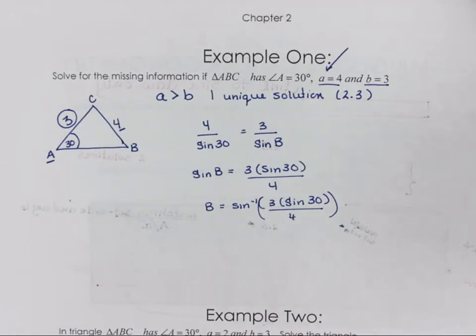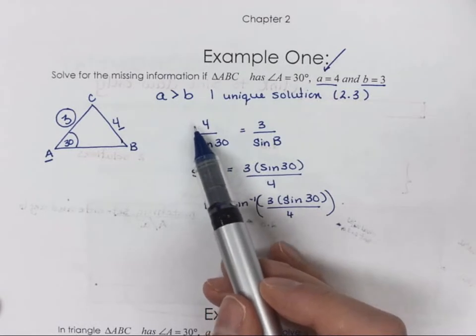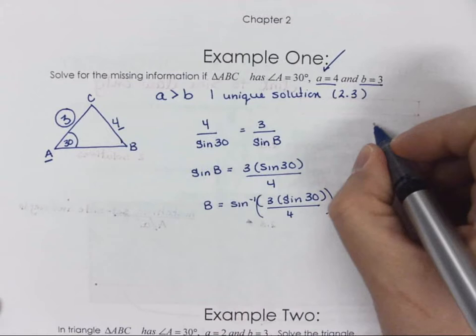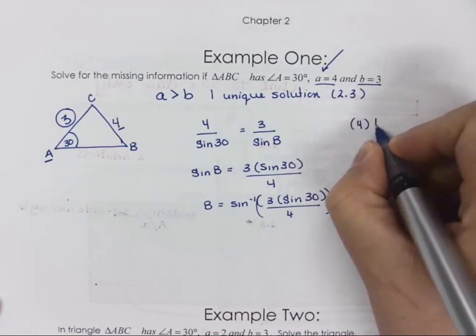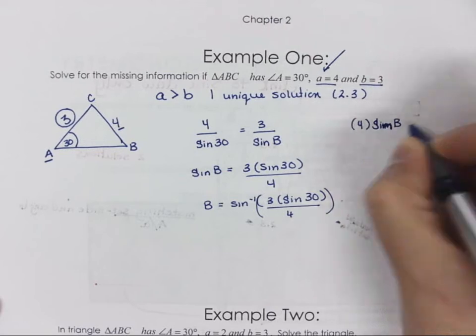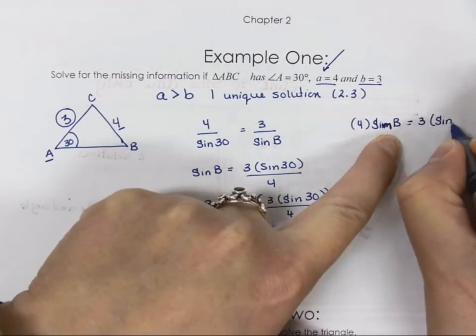When you cross multiplied, yeah. So I'm going to bring this to this level, and I'm going to bring this to this level. So I will have 4 times sine B equals 3 times sine 30.